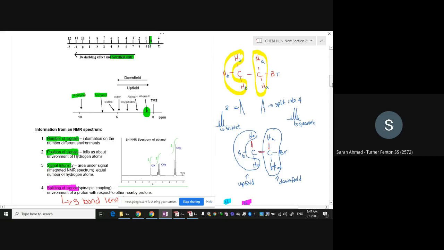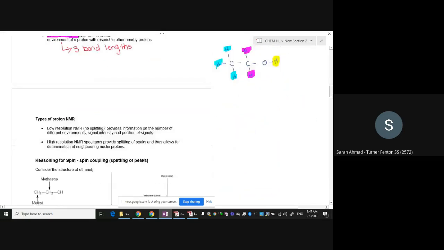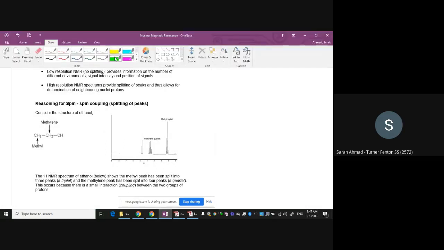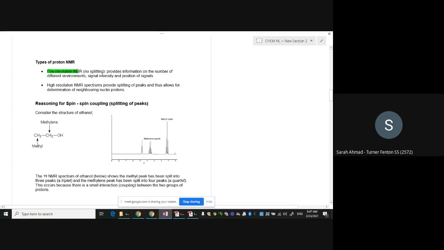So now that everyone is actually following along or just too shy to say anything, we'll go into a bit more detail about ethanol. So low resolution NMR has no splitting. Low resolution NMR then doesn't give us the exact number of hydrogens and where they're located, right?